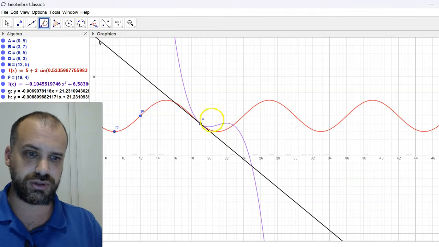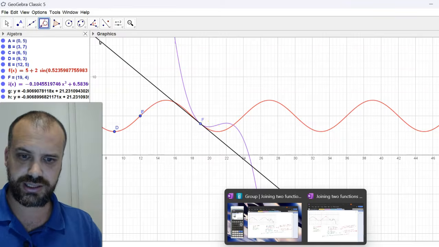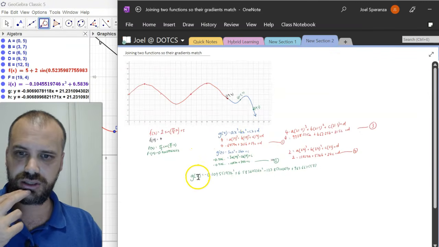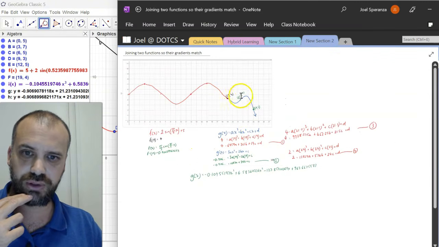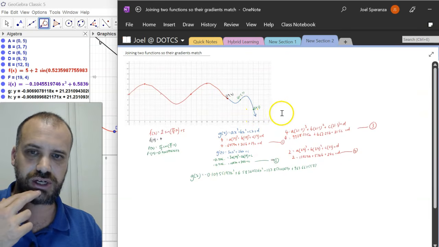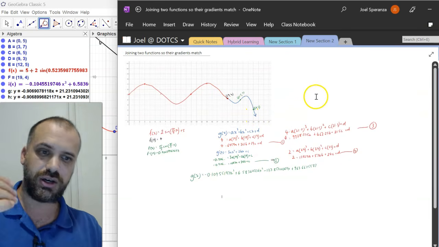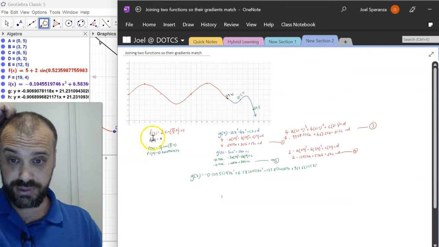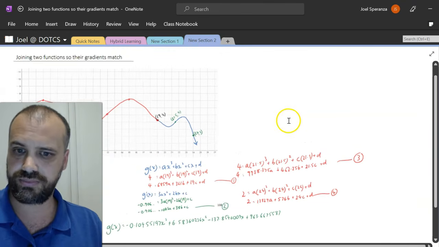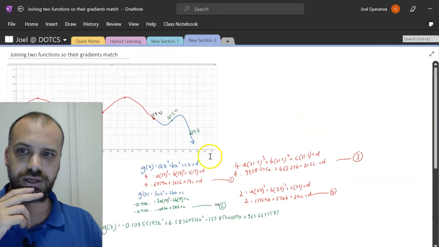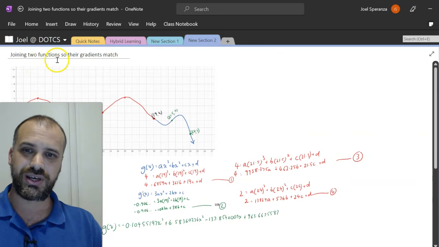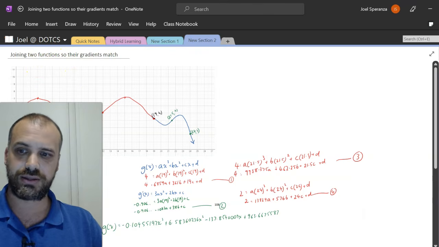It's passing through those points as well. You can test that. There's nothing stopping you now that you've got a function, this blue function here, adding a third function onto the blue function and adding a fourth function onto that third function, essentially through going through this same process. But that is how I would join two functions so that their gradients match.